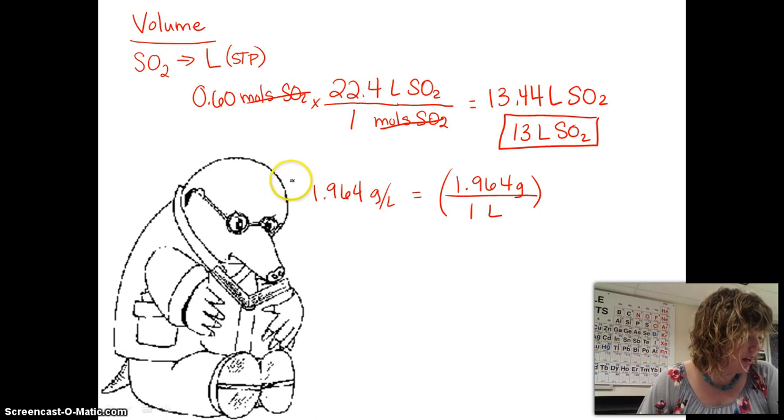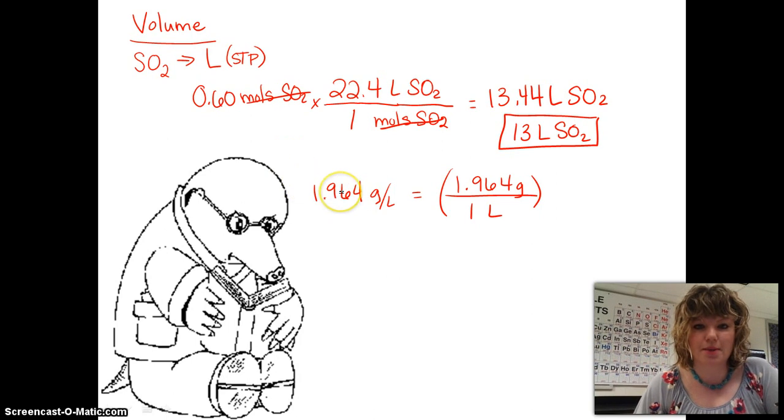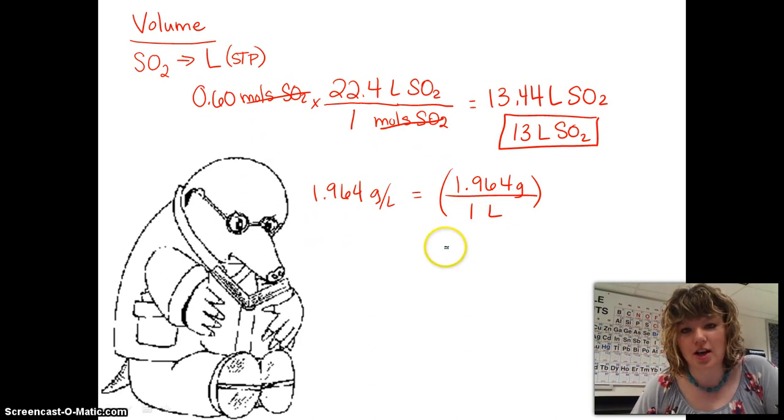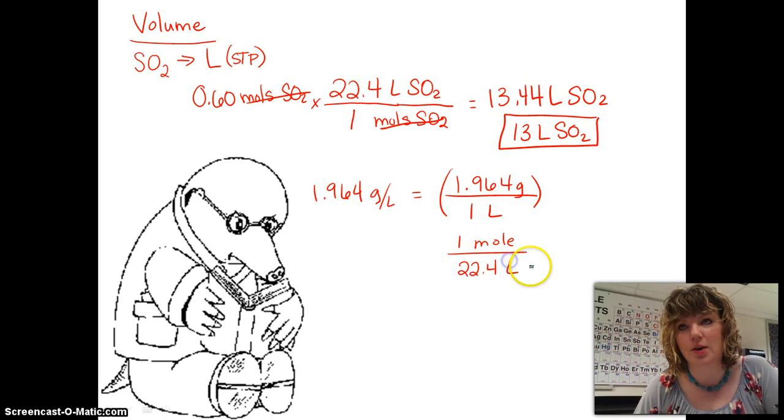So we can assume a couple things. We know that we can get to the mole by using our new conversion factor: 1 mole is equal to 22.4 liters. Now, I know it didn't say what is the moles, but it is asking us what the molar mass is, so it'd be 1 mole.